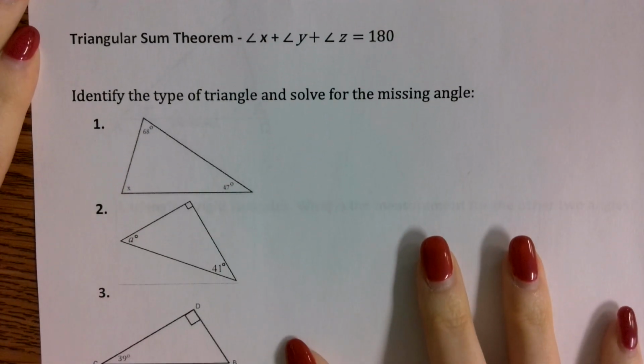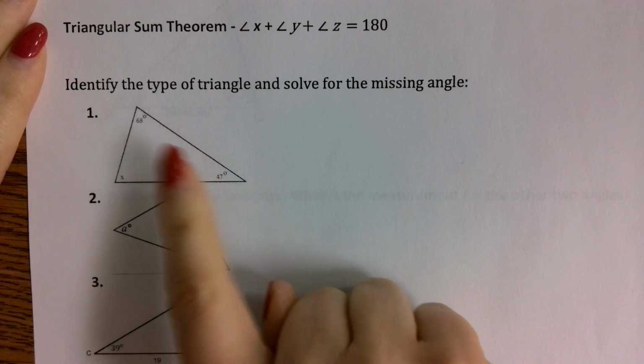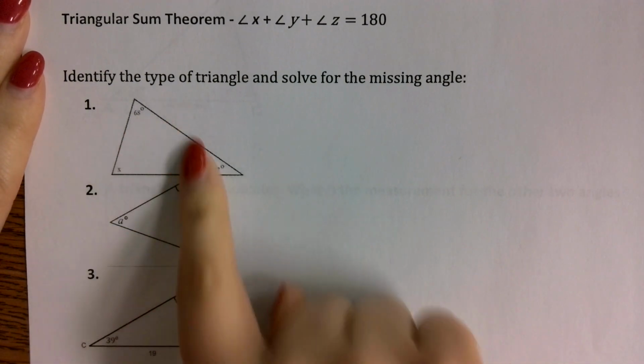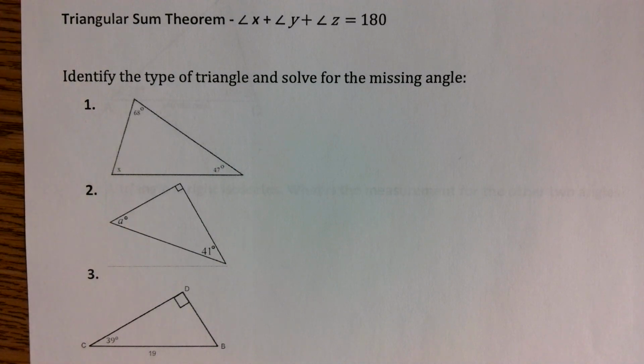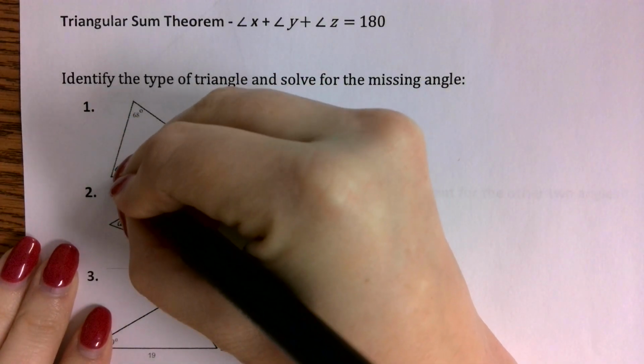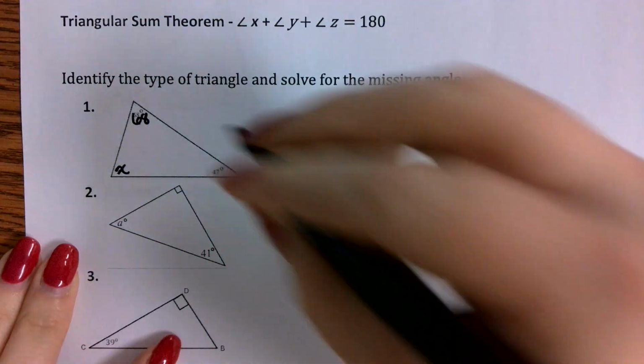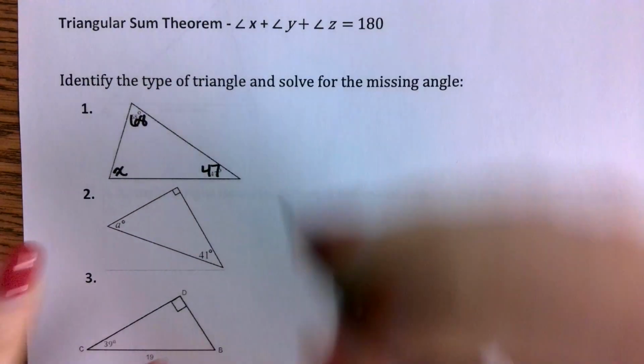So when we're taking a look at the following examples, Marlene, for problem number 1, we have the following triangle. This measurement is labeled X, this measurement is labeled 68, and this one is labeled 47.